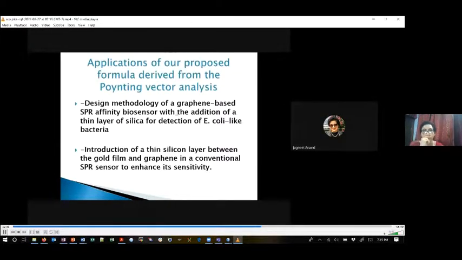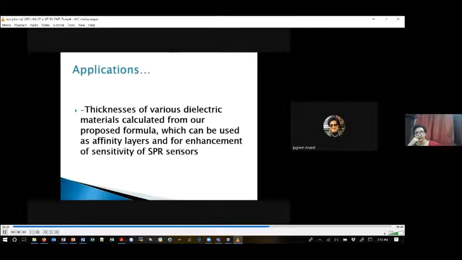Now I will discuss the applications of this proposed formula. First of all, I will discuss the design methodology of a graphene-based SPR affinity biosensor with an addition of a thin layer of silica for detection of E. coli-like bacteria. Secondly, I will discuss the case when a thin silicon layer is introduced between the gold film and graphene in a conventional SPR sensor to enhance its sensitivity.